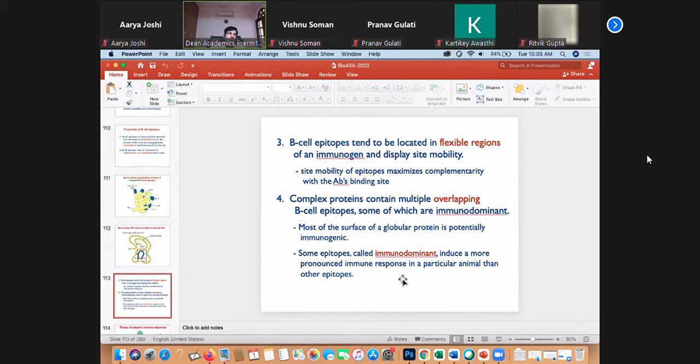Now, those epitopes which induce a good antibody response or a T cell response, but because we are talking about B cells here, let's only talk about B cells.